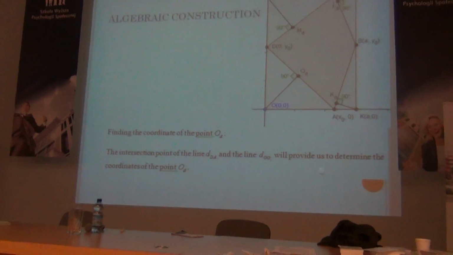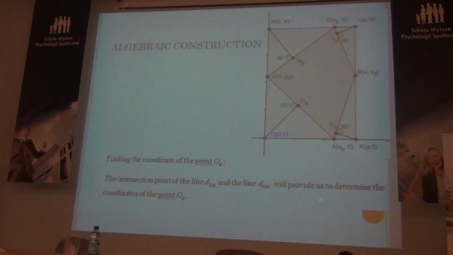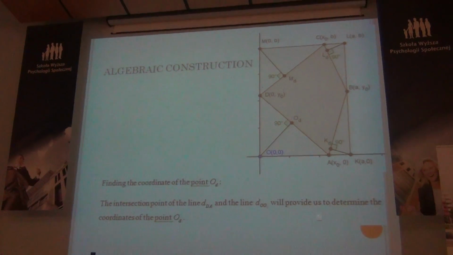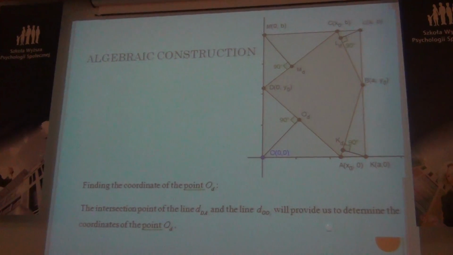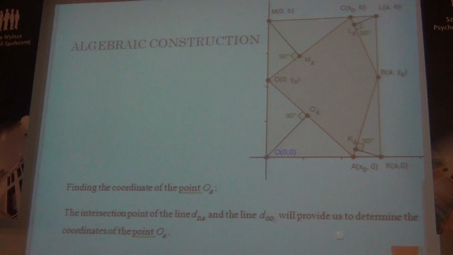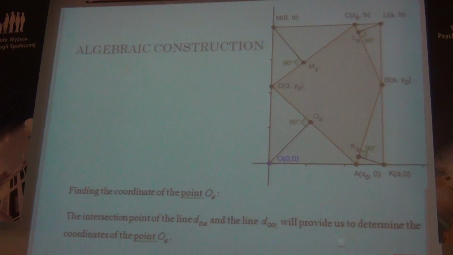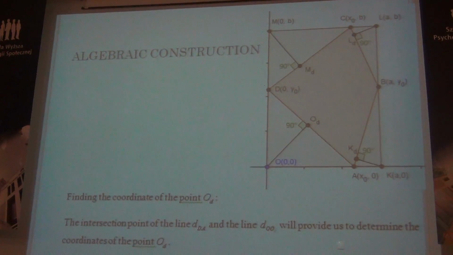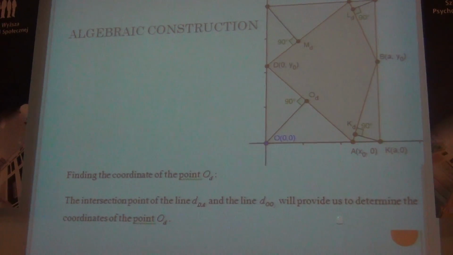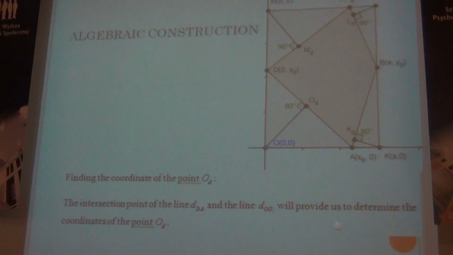It's important to find the coordinates of the point O sub D: the intersection point of the line D sub A and the line D sub O sub D will provide us the coordinates of the point O sub D.